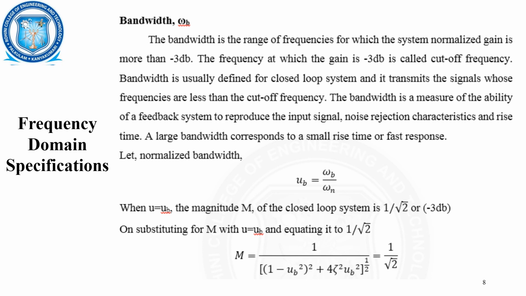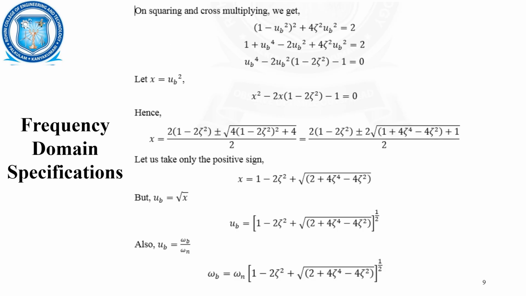So let us equate the magnitude value of M to be equal to 1 by root 2. Upon equating this and then substituting, because here we have power 4, we have taken x is equal to ub square, then it is a quadratic term in x. On applying the formula x is equal to minus b plus or minus root of b square minus 4ac divided by 2a, we have this set of calculations, and we come across the x value here.